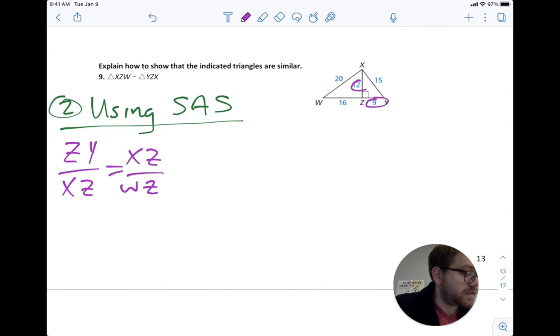So these sides are proportional to these sides. You notice that XZ appears twice because it's a part of both triangles, right? It's right here.